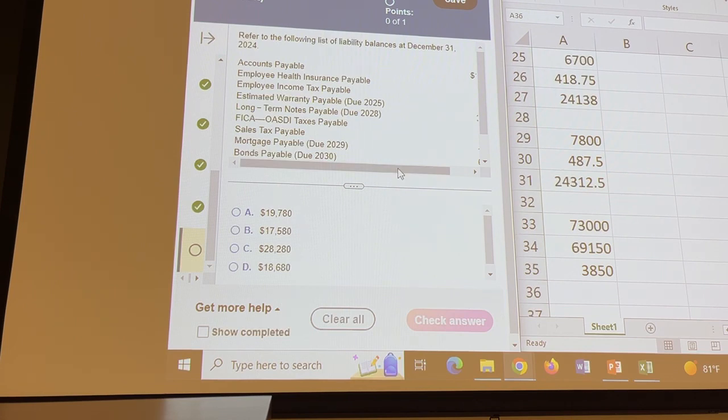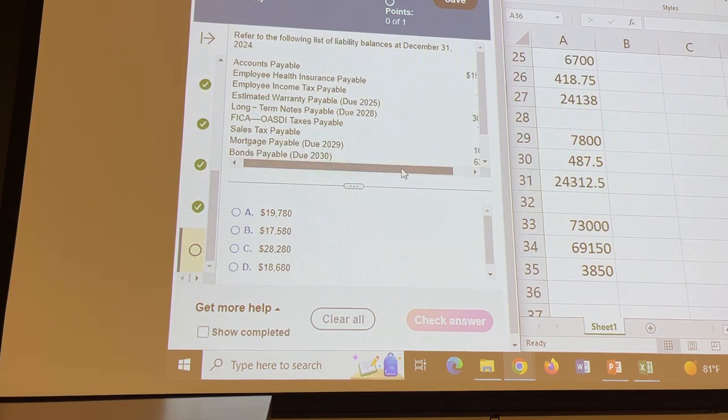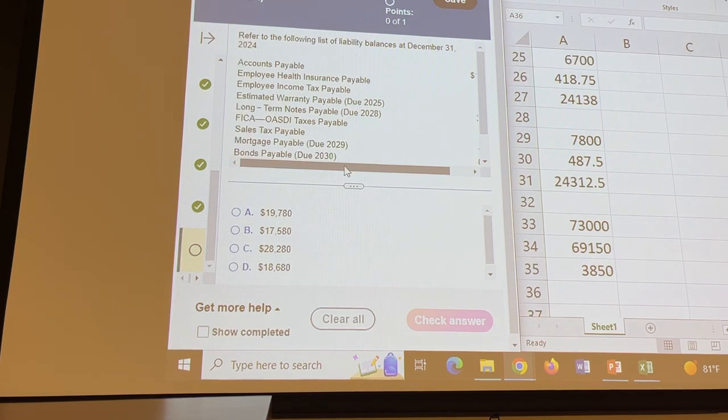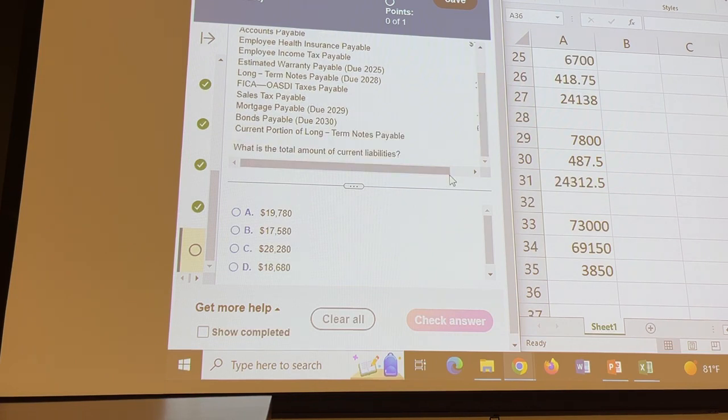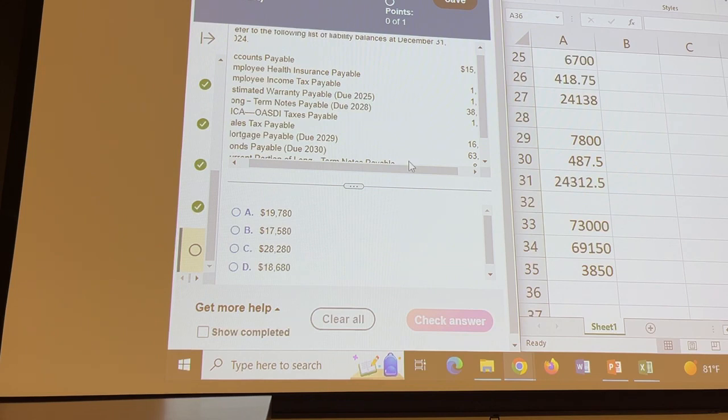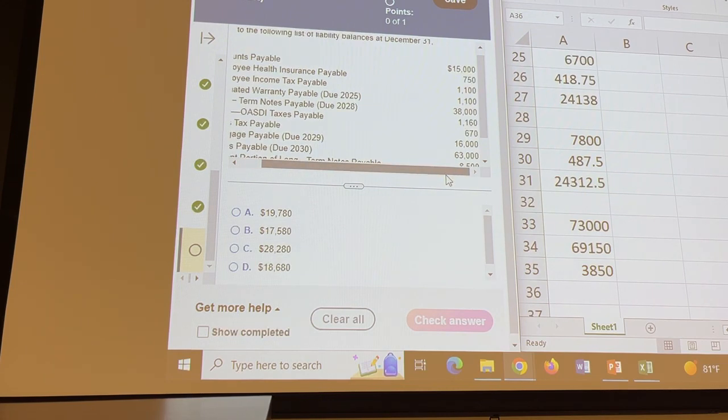Okay, and here there are a bunch of different liability accounts, and the question says, what's the total amount of current liabilities? So we'll start with accounts payable, 15,000.